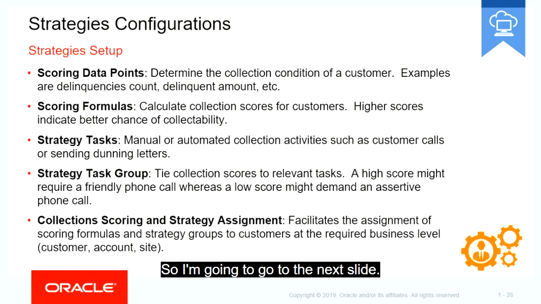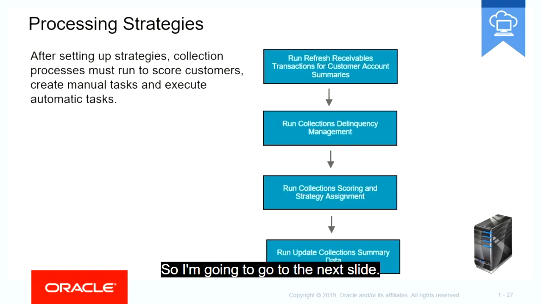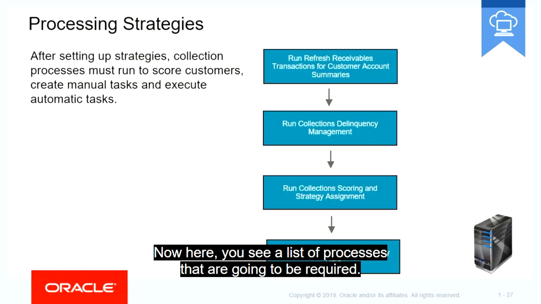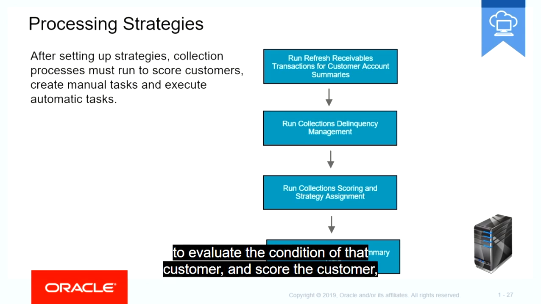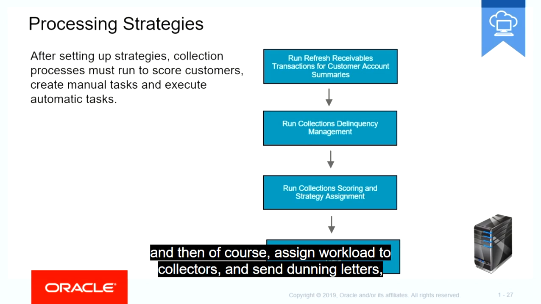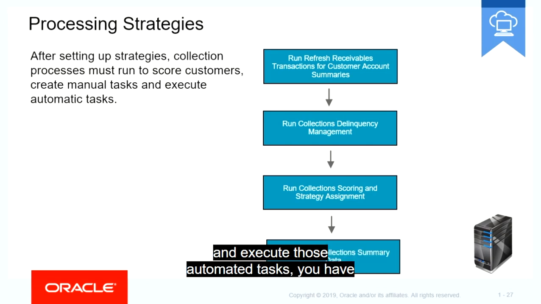So I'm going to go to the next slide. Now here you see a list of processes that are going to be required once you set up your strategies, in order to evaluate the condition of that customer and score the customer, and then of course assign workload to collectors and send dunning letters and execute those automated tasks.